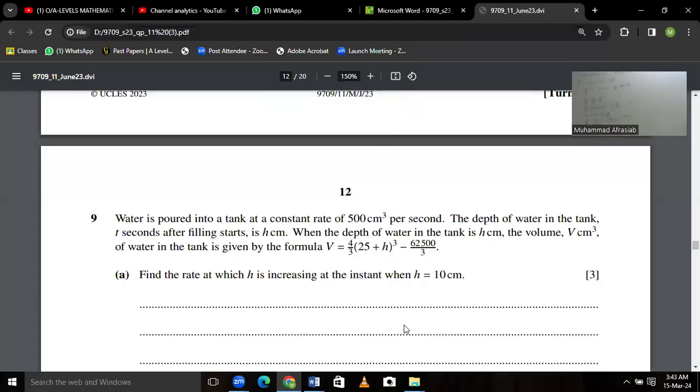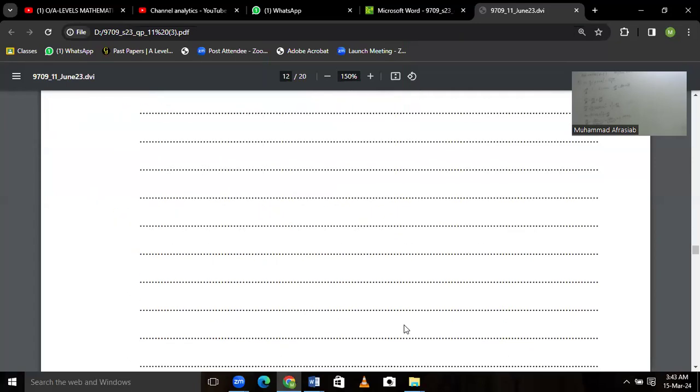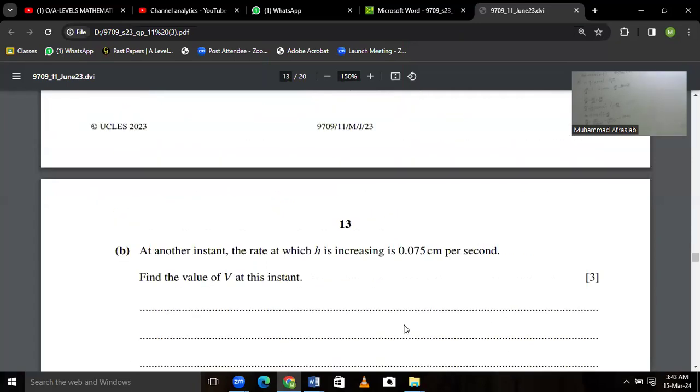And for this B part, at another instant, the rate at which height is increasing is 0.075 centimeter per second. Find the value of V at that instant.